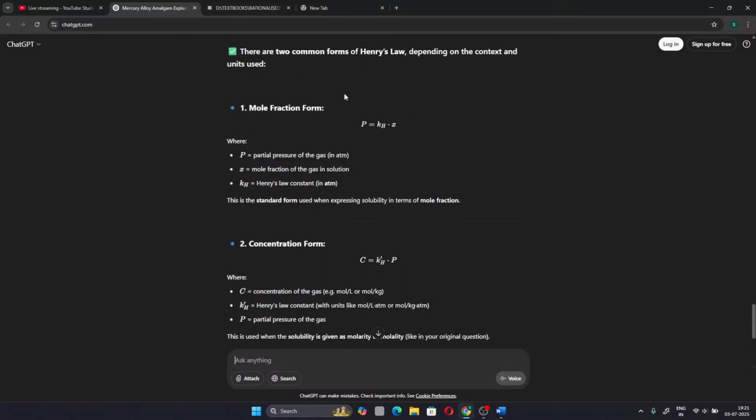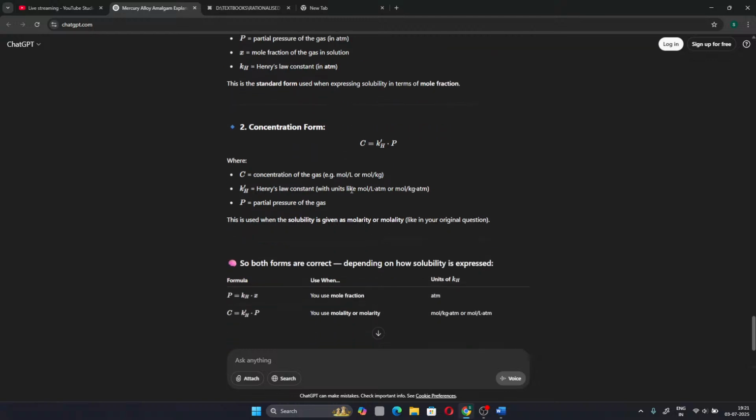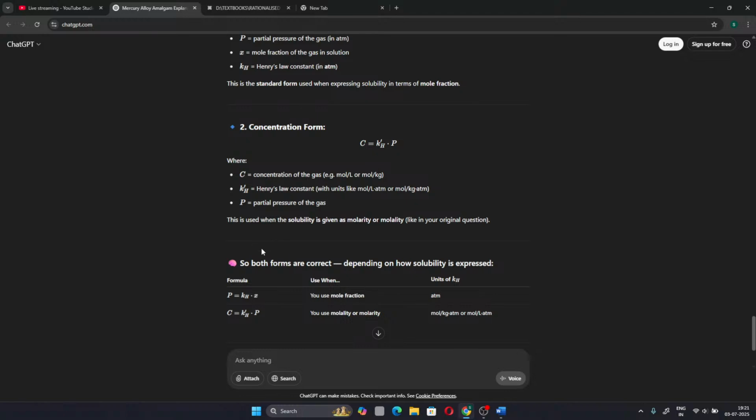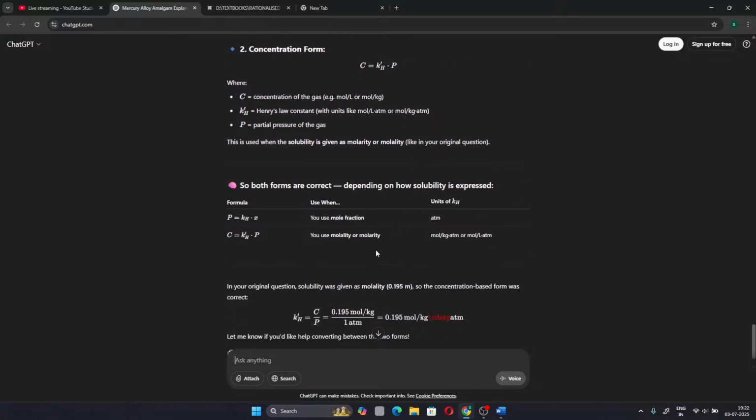Then there is the concentration form, C equals kH times P, which has a different unit, mole per liter per atm, while here Henry's law constant is in atm. This is used when the solubility is given as molarity or molality. In the other case we get it as mole fraction, because mole fraction is unitless.